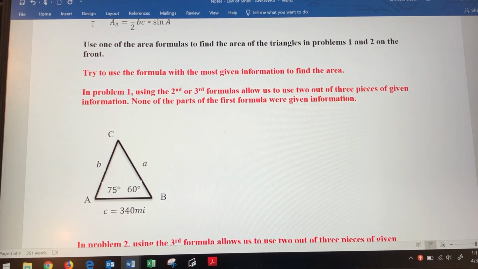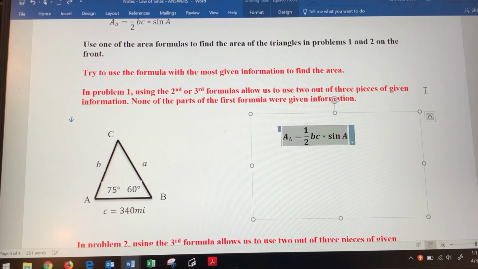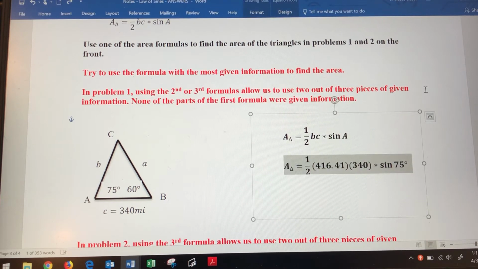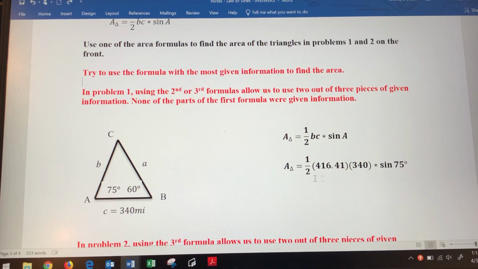All right, so first thing to do is decide which formula we're going to use. So I'm going to use half times B times C times sine of A, okay? We're going to plug in the values that we know, all right? We calculated side length B to be 416.41 miles. We knew C was 340 miles, that was given, and A was 75 degrees, so sine of 75 degrees.